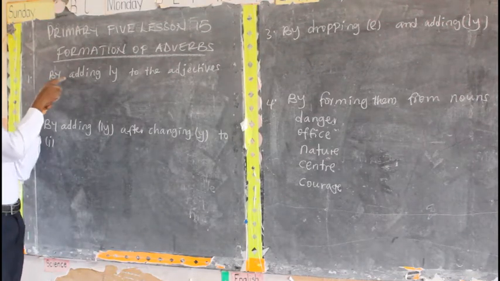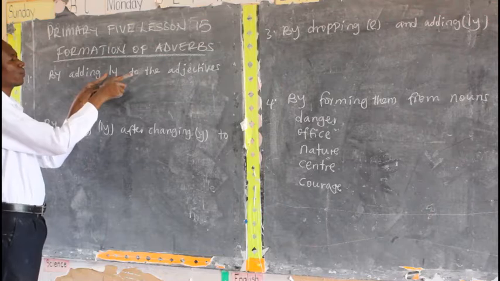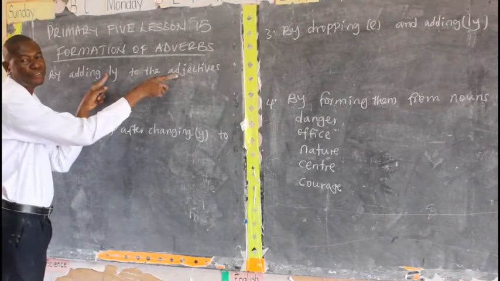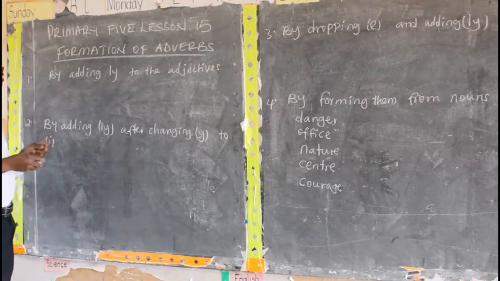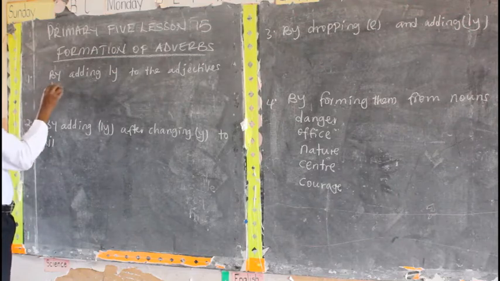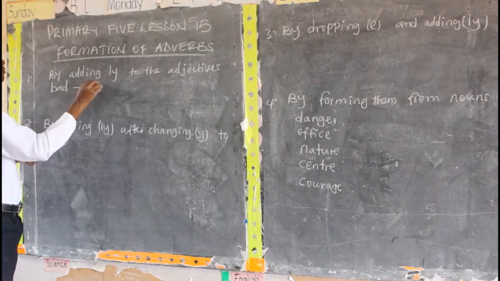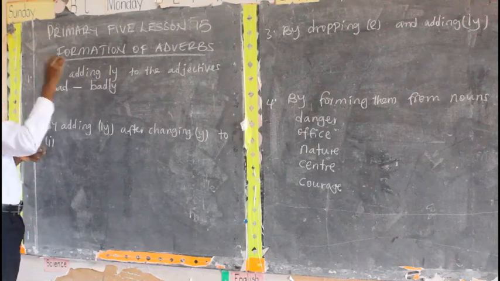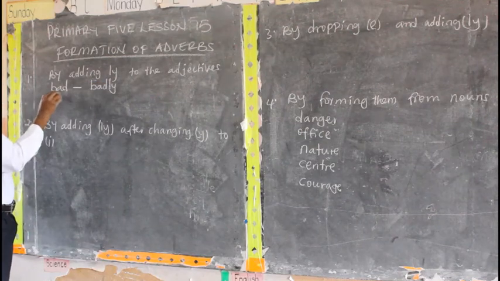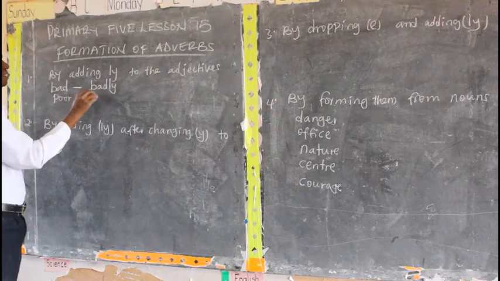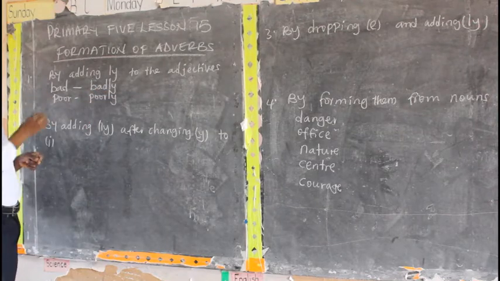One, we have adverbs where we just add ly directly to the adjective given. Let's look at the adjective bad. Here, it is going to form an adverb as badly. Look at the adjective poor. Here, the adverb is poorly.